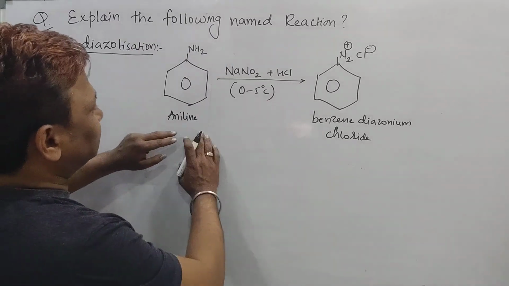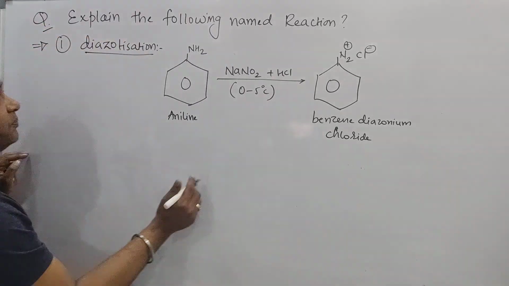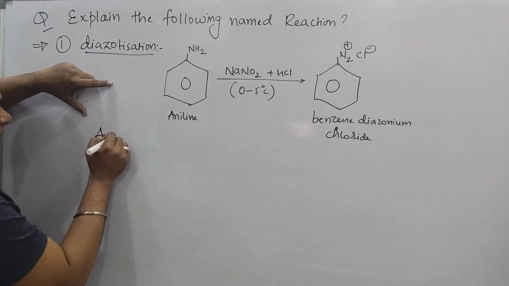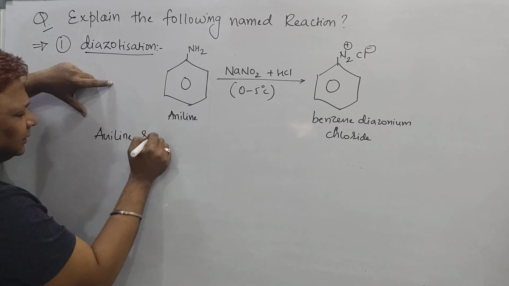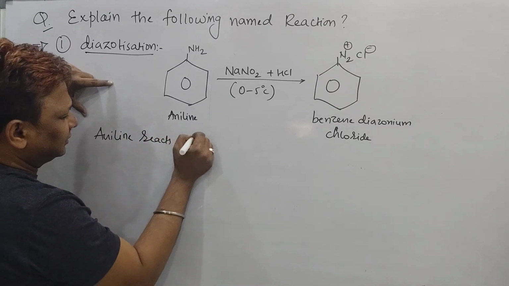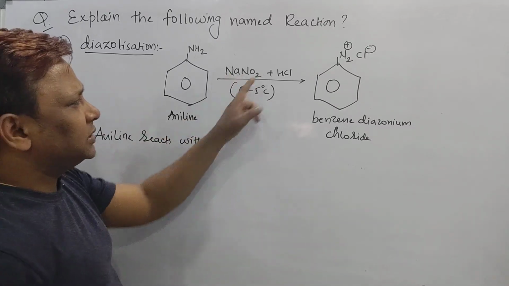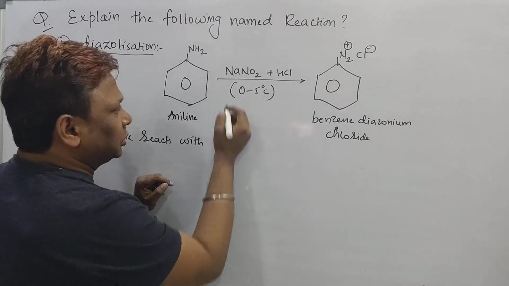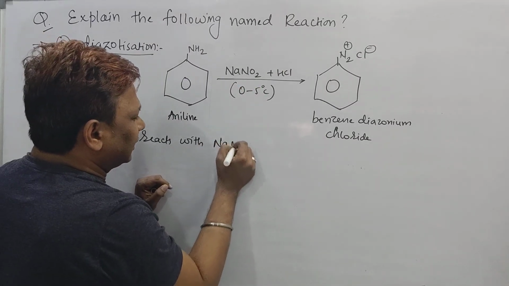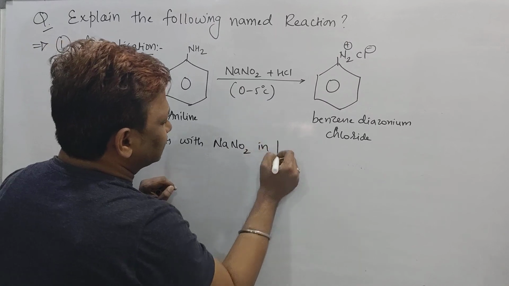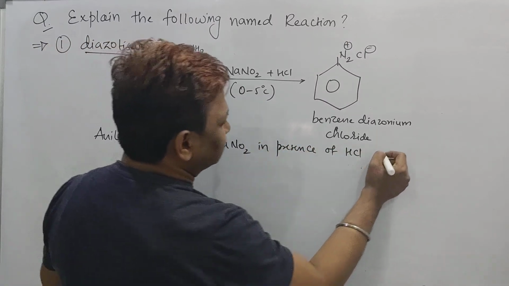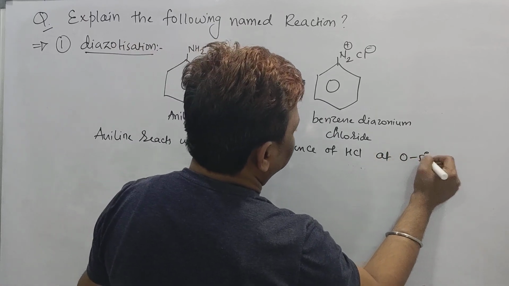If you want to write the statement for this reaction, how to write it? Aniline is a primary amine. Aniline reacts with NaNO2 in the presence of HCl, where HNO2, nitrous acid, is formed, at 0 to 5 degrees centigrade.